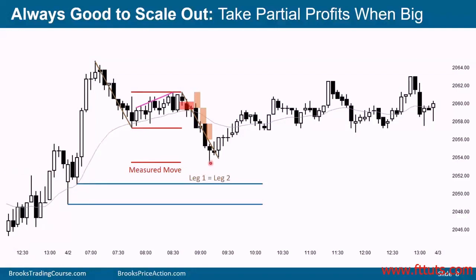If you did not exit partially with a limit order here, if you did not exit partially at 2 times your initial risk, you have to be thinking about exiting above this bull bar. You have a micro double bottom, a bull bar closing on its high, a failure to get all the way down to the bottom of the buy climax. Remember, the bulls are hoping today's a bull trend day.